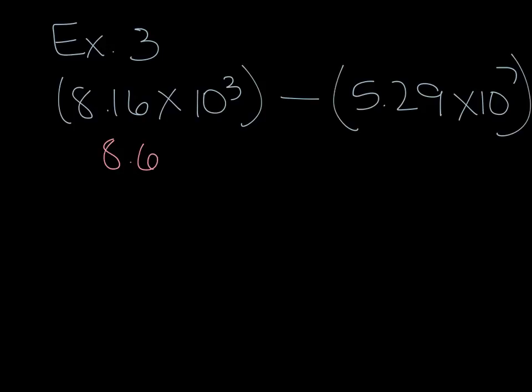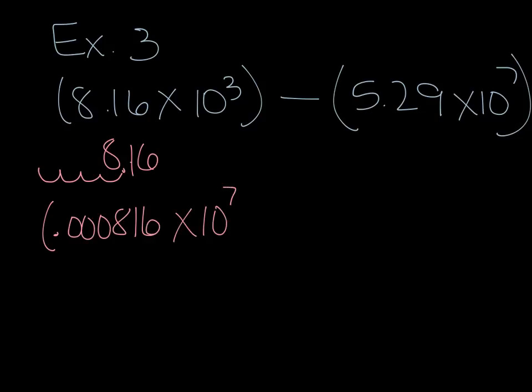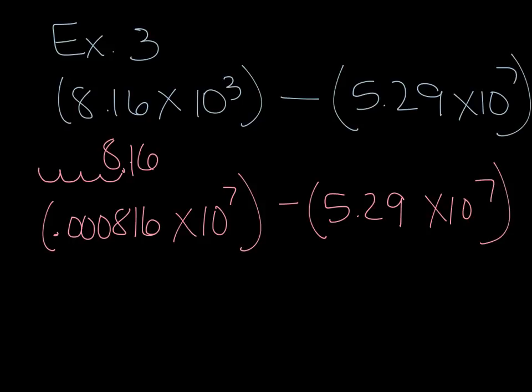So in 8.16, if I go 4 places to the left, 1, 2, 3, 4, this gives me 0.000816 times 10 to the 7th power minus 5.29 times 10 to the 7th power.